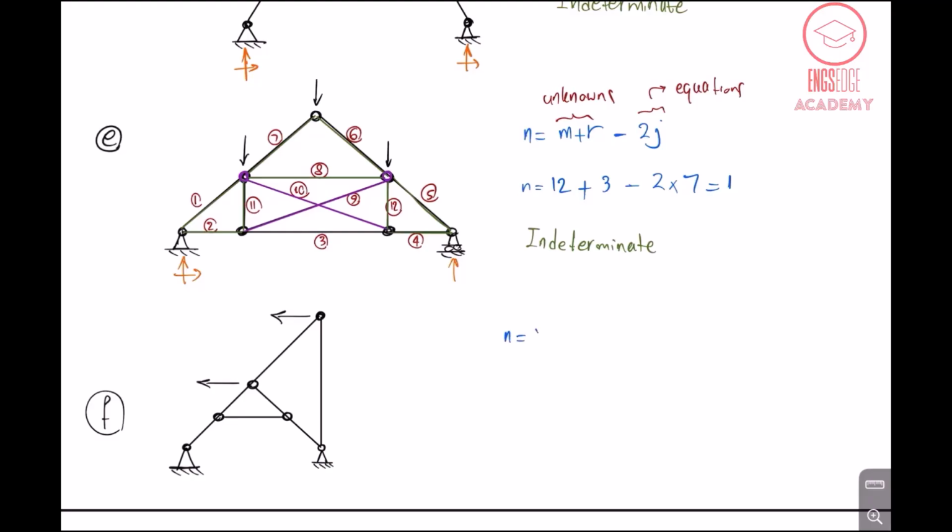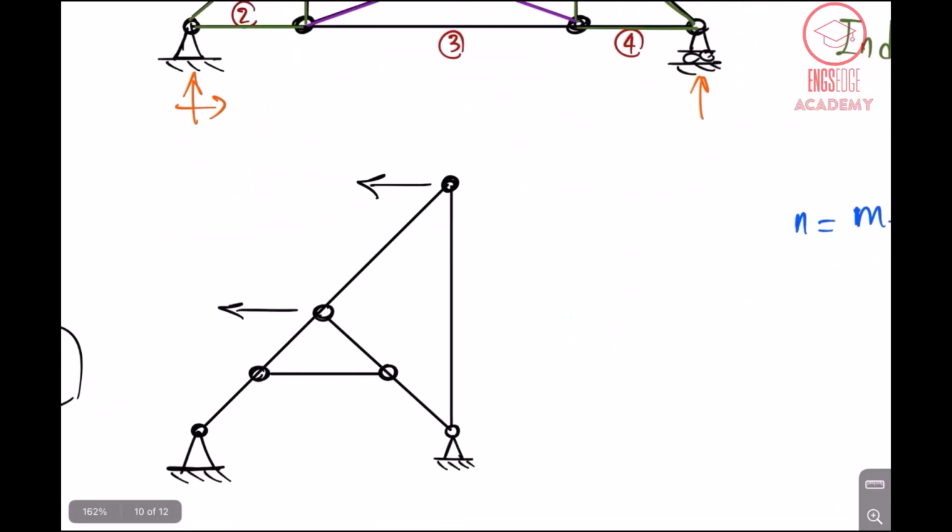In the last structure, again we use n is equal to m plus r minus 2j. Let's count the members. 1, 2, 3, 4, 5, 6, 7 members.